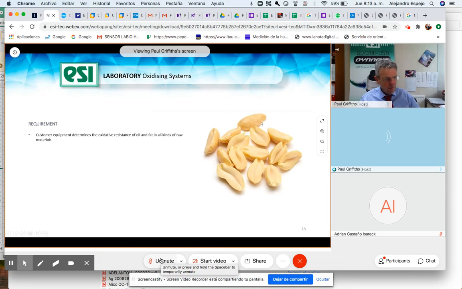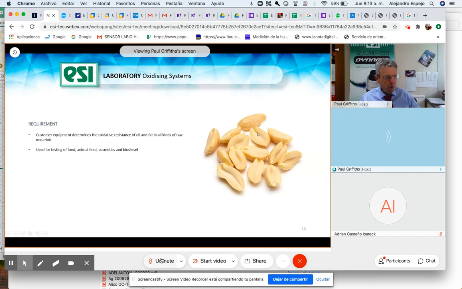So in this case, I have peanuts as an example, and the equipment that this customer manufactures, it determines the oxidative resistance of oil and fat in raw materials.